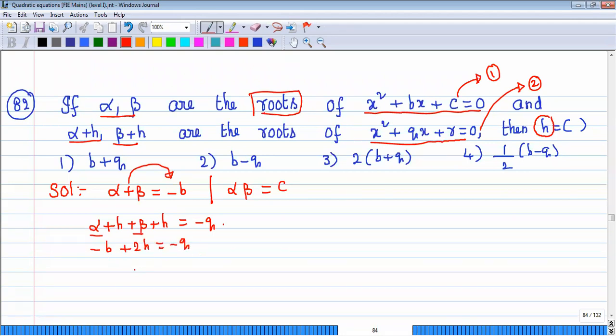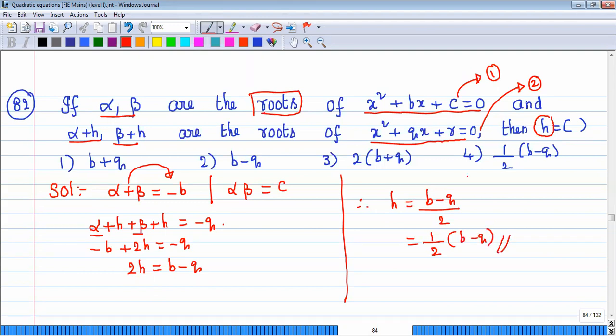Transpose minus b to the right hand side: 2h equals b minus q. So h is equal to b minus q upon 2. This can be written as half times b minus q. Obviously, the fourth option is the right option.